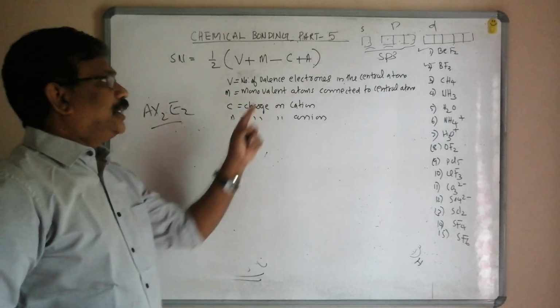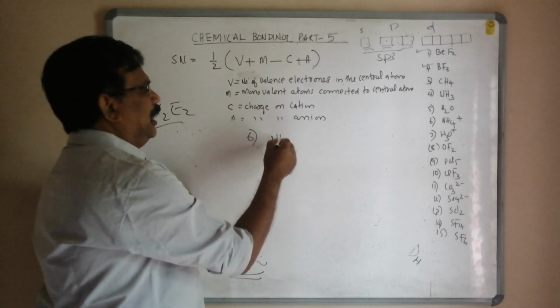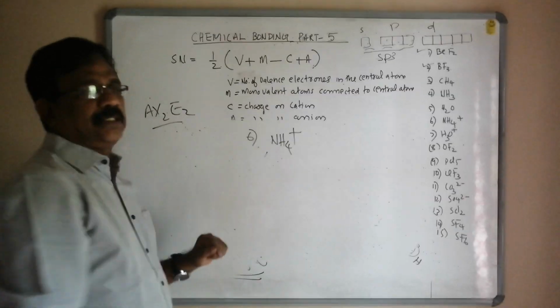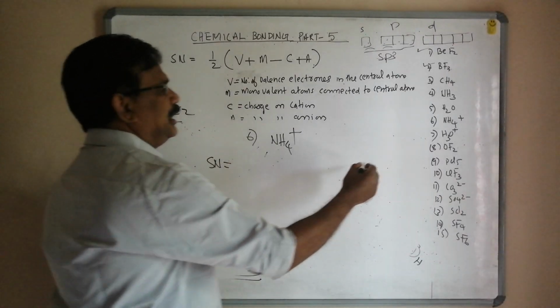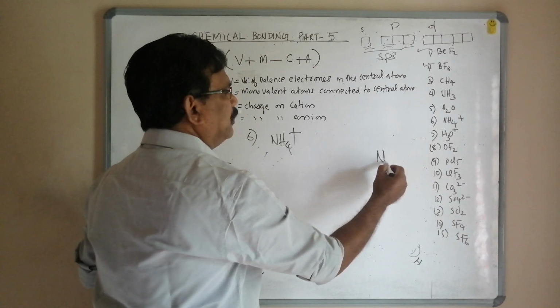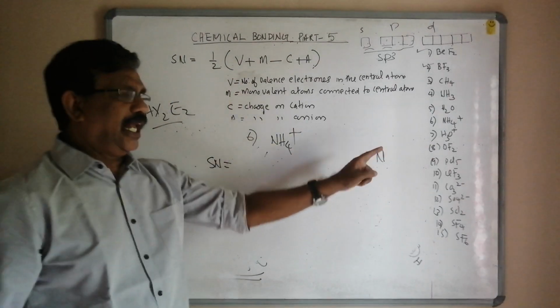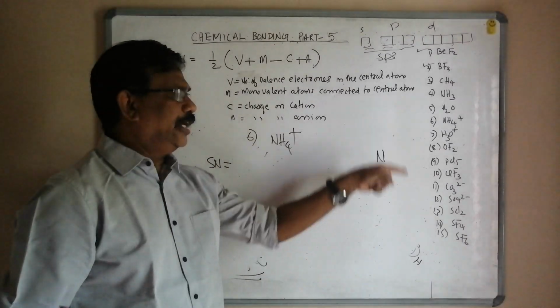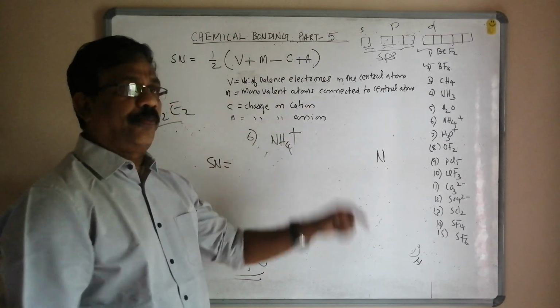NH4 plus, a cation. So the 6th one, a simple ion, NH4 plus. Steric number means the number of hybrid orbitals around the nitrogen. This is the central atom nitrogen. We can determine how many hybrid orbitals are present around the nitrogen in NH4 plus.